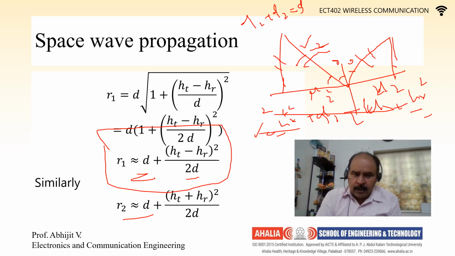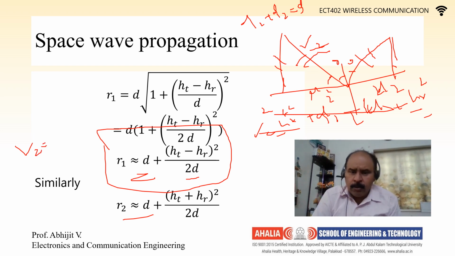Same way, what we'll get is that R2 will be equal to the square root of (D1 plus D2) square plus (HT plus HR) square.